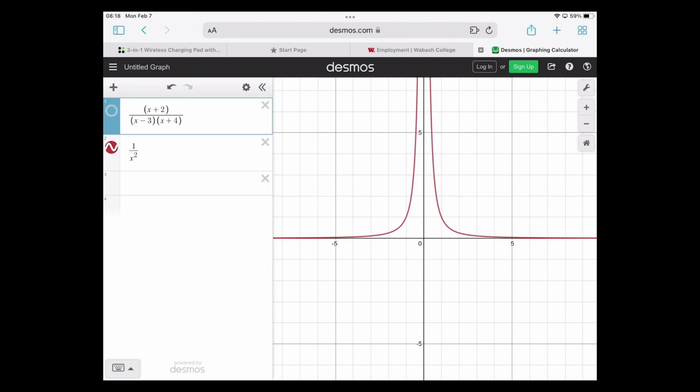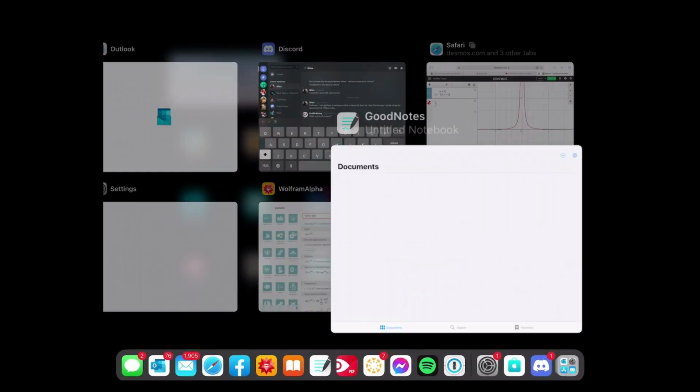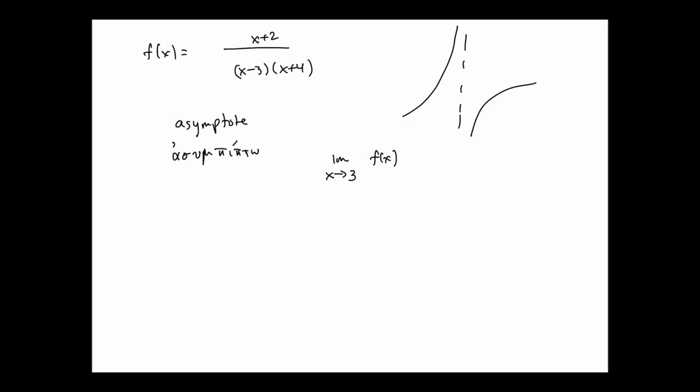Okay. Good question. So let me go back to the white sheet here. How would I do this without a graph? Well, what I would have to do is first say, is there any magic cancellation that happens?